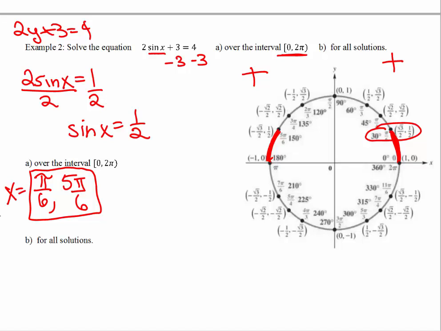Now if we're looking for all possible solutions, I'm going to take each of the angles that I found on the unit circle and we're going to add multiples of 2 pi. Since we're talking about radians, a complete rotation all the way around the circle would be 2 pi. So we could say 2 pi times n, so integer multiples of 2 pi.